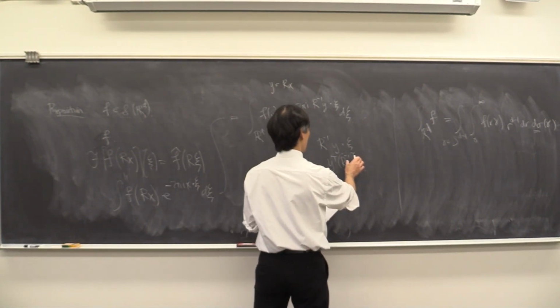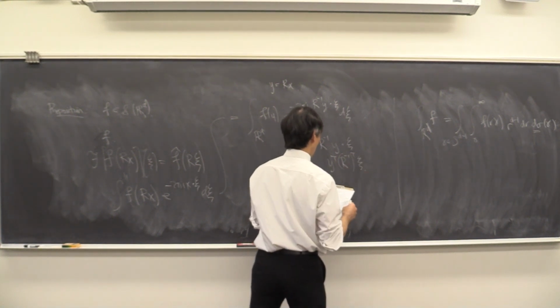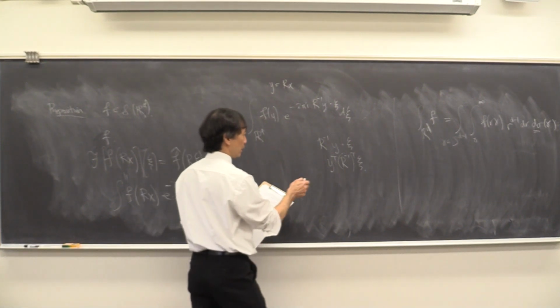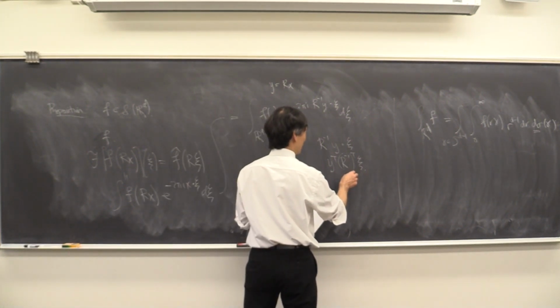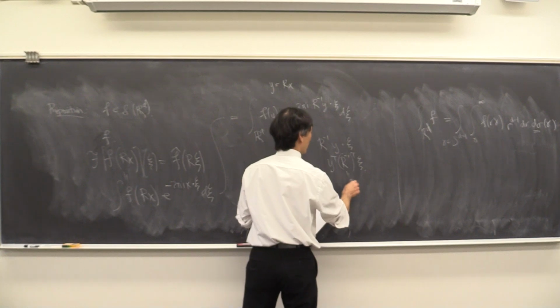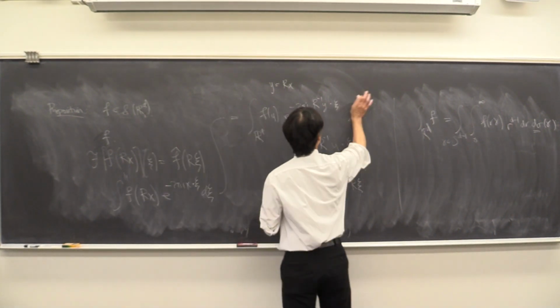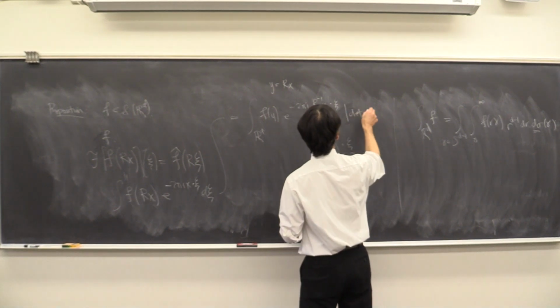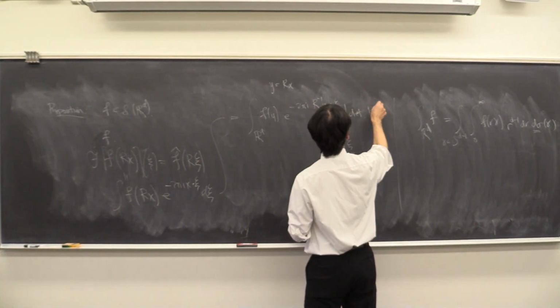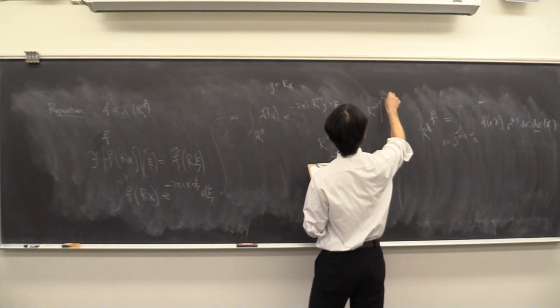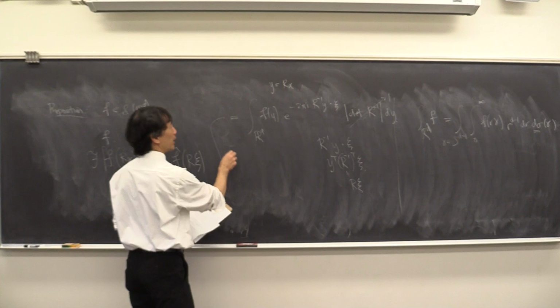So R inverse is R transpose, right? So you get just R dot xi, exactly. Oh, I forgot, we need the Jacobian. But the Jacobian is 1, and then that's it.